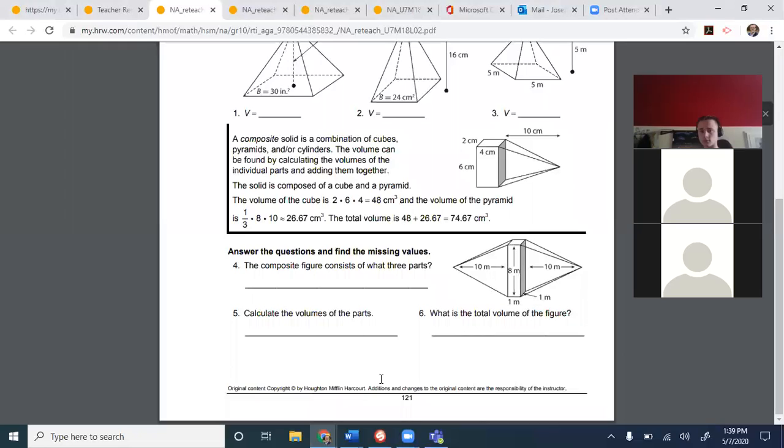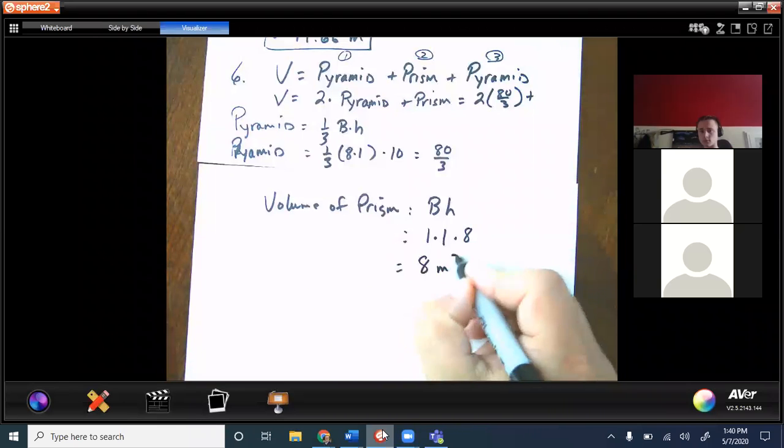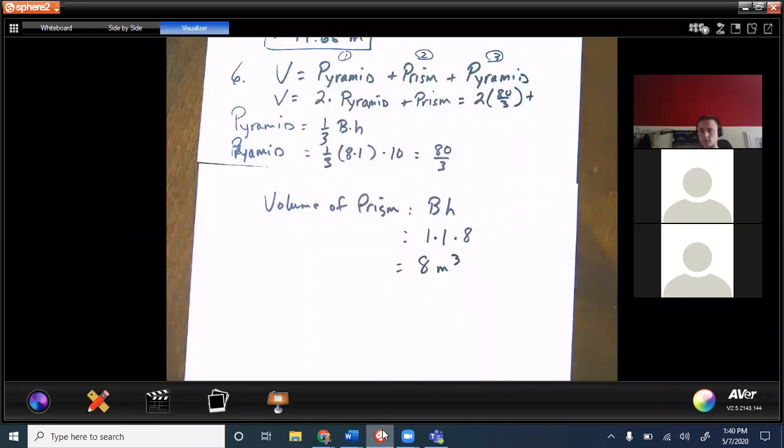So in this case, the area of the base, that looks like, what, 1 times 1? That's what I would say. 1 times 1, 1 meter times 1 meter, and then the height would be 8. So that's pretty simple. That would make this 1 times 1 times 8 is 8 meters cubed.